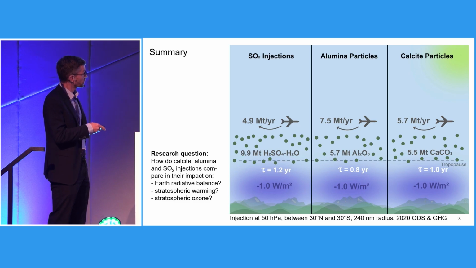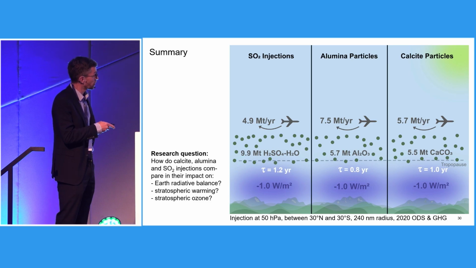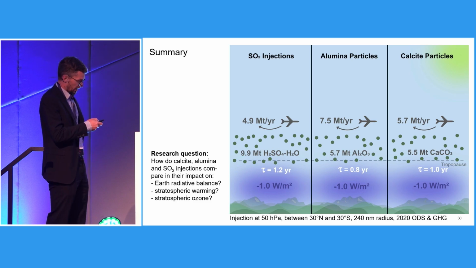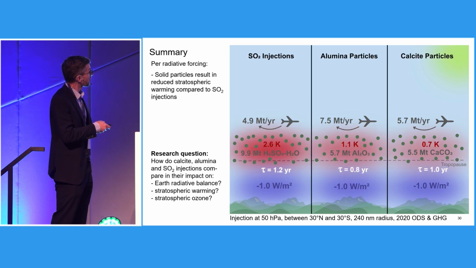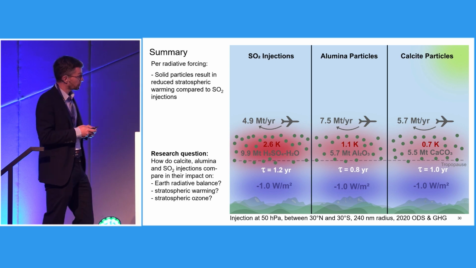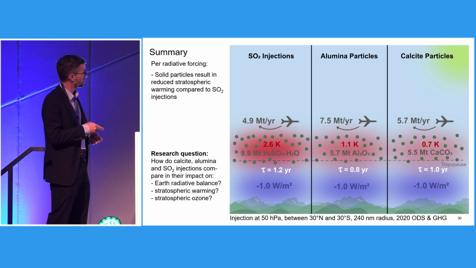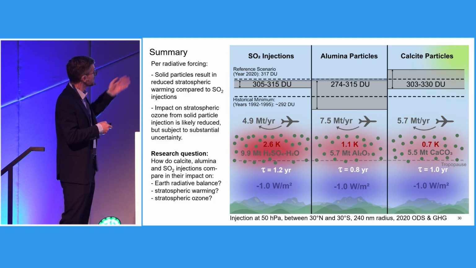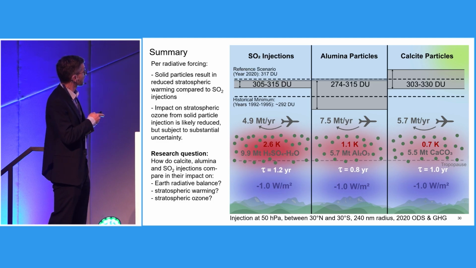But for the same radiative forcing, you would need only a smaller burden. And the most distinguished benefit is the reduced stratospheric heating, especially of calcite particles here. And the ozone response, I show it again.